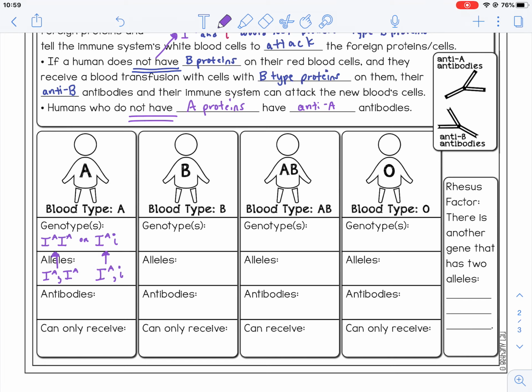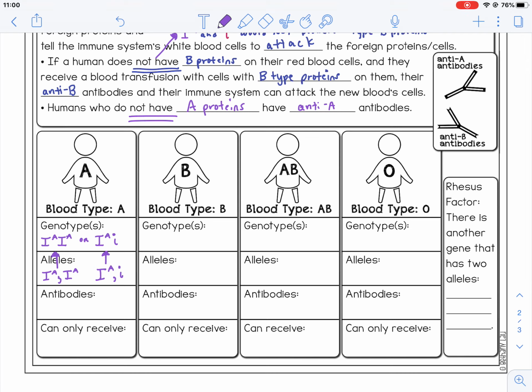Now remember, you have antibodies to what you don't have. Well, type O doesn't have any proteins at all, so there's nothing to have an antibody against there. So you're only going to have antibodies against A's or B's, and it's whichever you don't have.